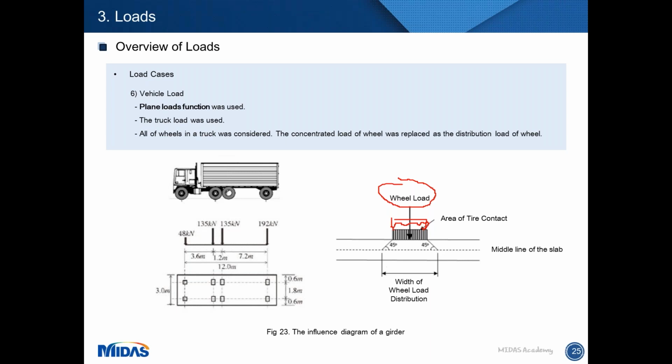In this case, I considered the thickness of the slab to define the contact area because elements are placed inside of a slab. So the wheel loads are replaced as a uniform distributed load on the middle surface of the slab. So I took this UDL case.